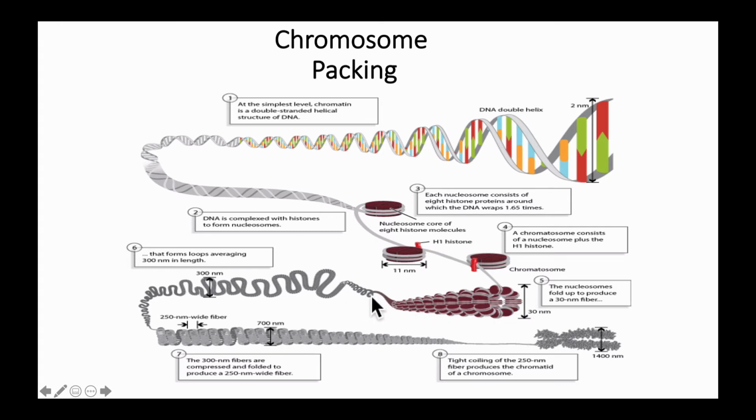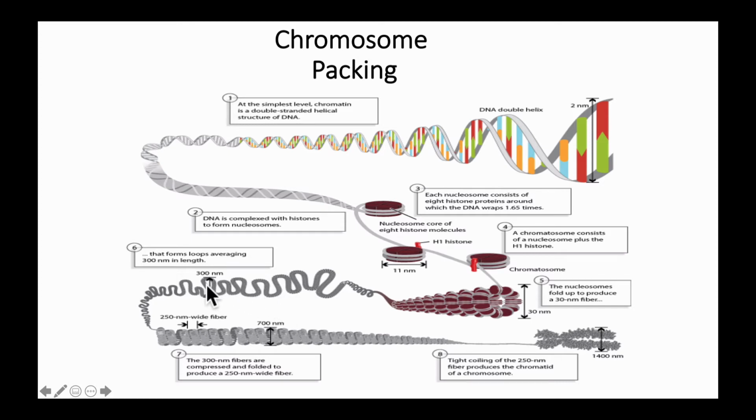Then we start to see that these 30 nanometer chromatin fibers start to loop up. They start to arrange in a different structure. So now we go from them looking like beads on a string to these 30 nanometer fibers. Then they start to form these loops, these 300 nanometer loops.